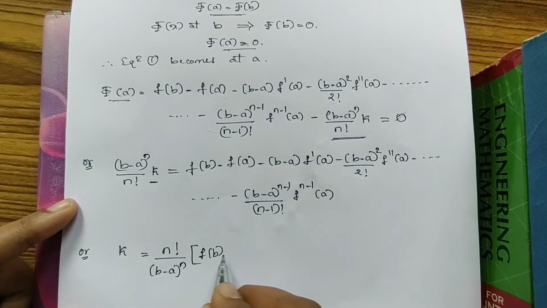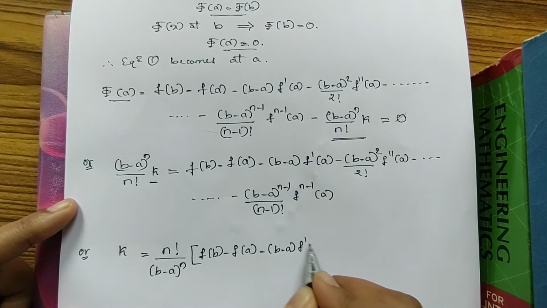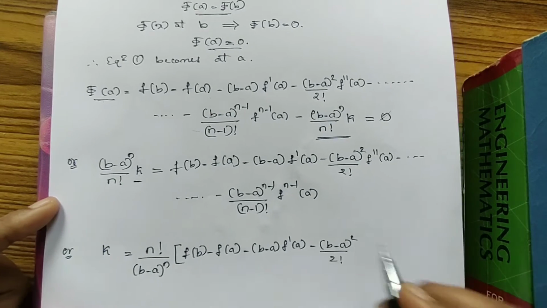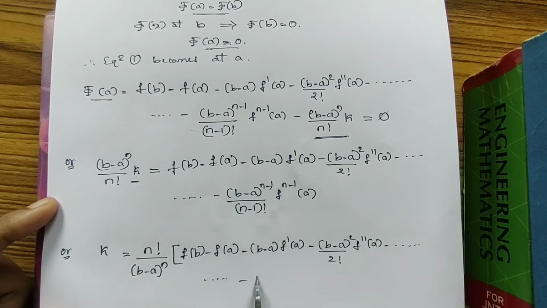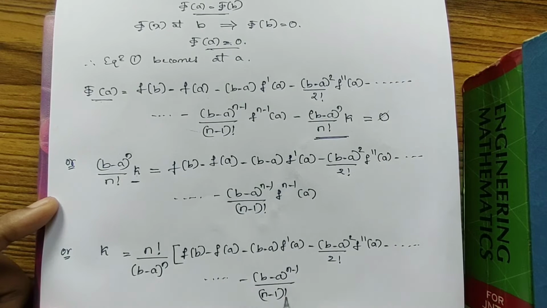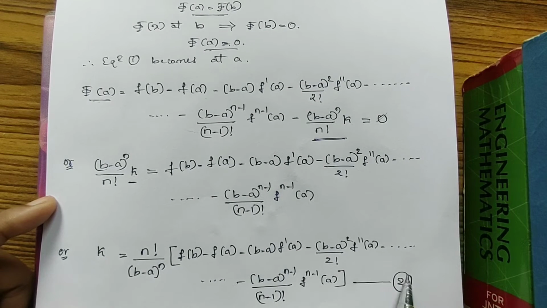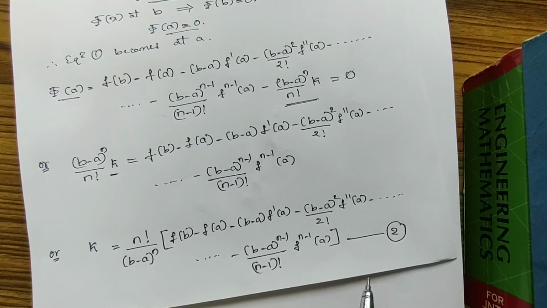That is f of b minus f of a minus b minus a into f dash of a minus b minus a whole square by 2 factorial into f double dash of a minus and so on, b minus a to the power n minus 1 divided by n minus 1 factorial into f power n minus 1 of a. I will call this equation number 2. That equation 2 says what k is equal to.